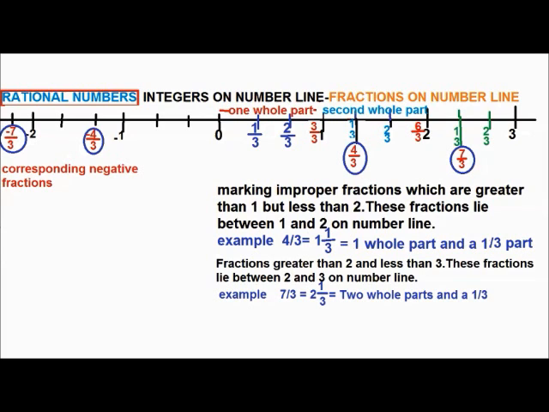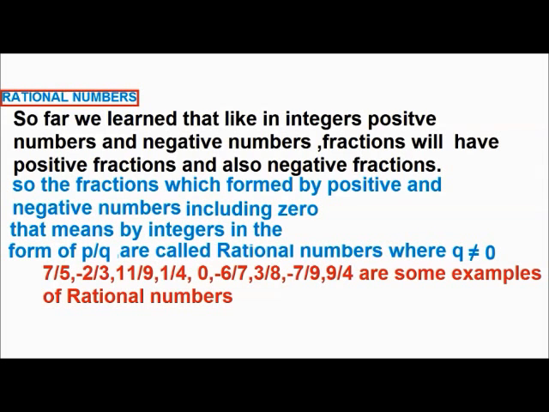So far we learned that in integers we have positive numbers and negative numbers, and in fractions we have positive fractions and also negative fractions. So the fractions formed by integers, including 0, in the form of p by q are called rational numbers, where q is not equal to 0.